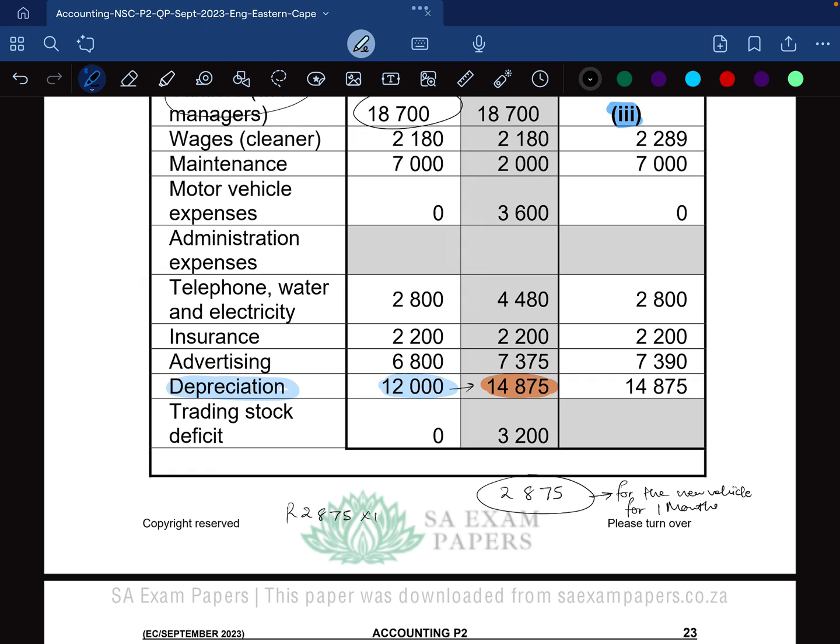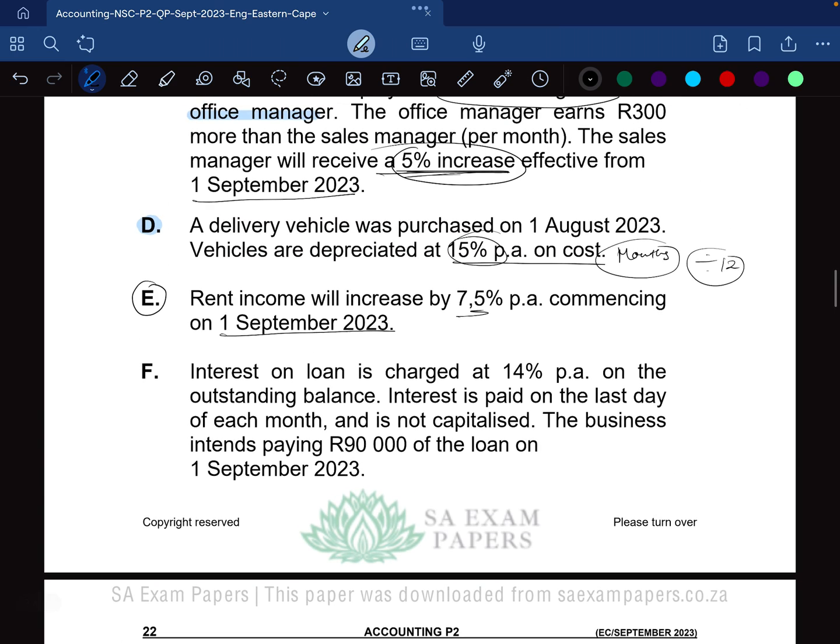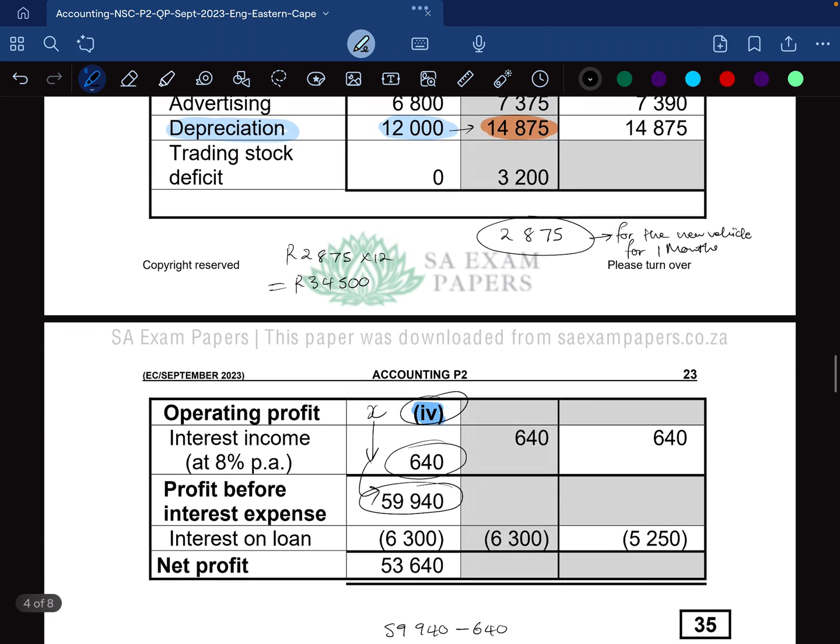So the full year depreciation would then be 2,875 multiplied by 12. Okay, then let's see what that gives. So it's 2875 times 12, which is 34,500. But now we know that depreciation is 15% per annum on cost. So it means that this 34,500 is 15% of the cost of the vehicle.